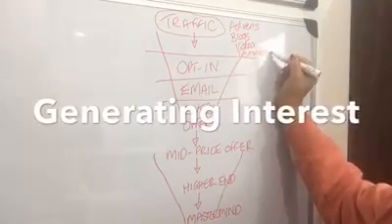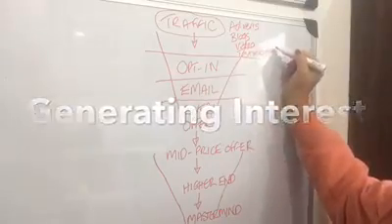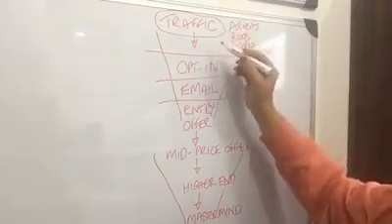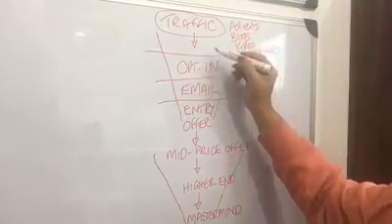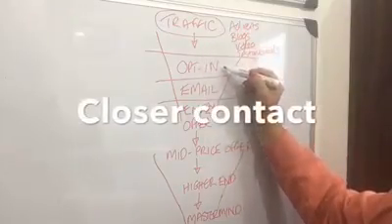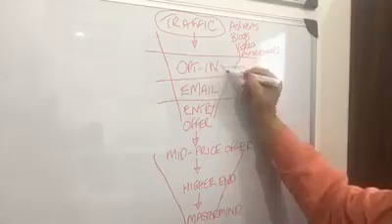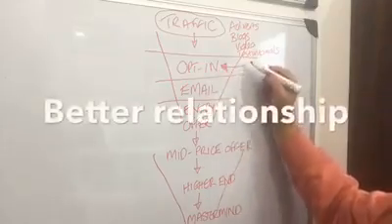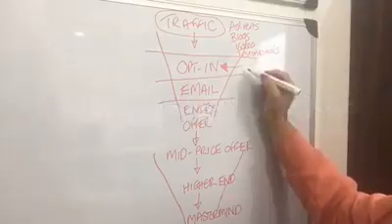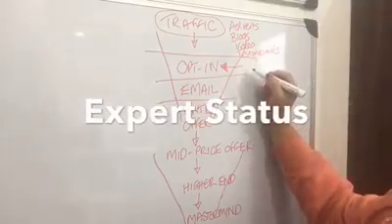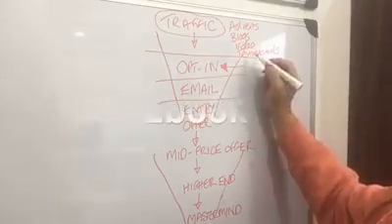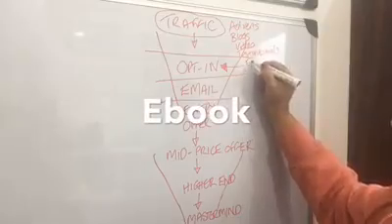That is just generating an interest and getting them to come to a point where they want closer contact with us. Traditionally, that would be an opt-in of some sort. By opt-in, we mean something they're going to get from us that creates a better relationship and establishes us as an expert in what we're talking about. Often the most common you see is an ebook.